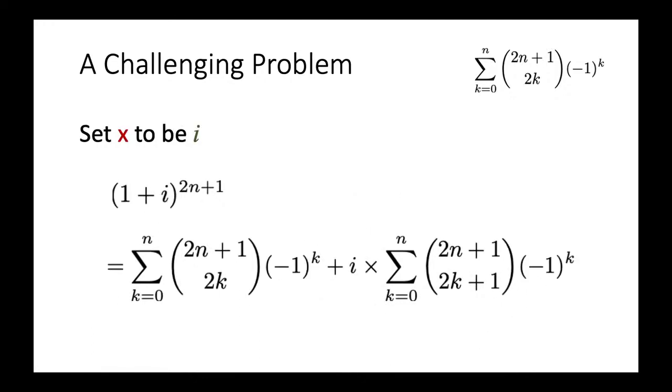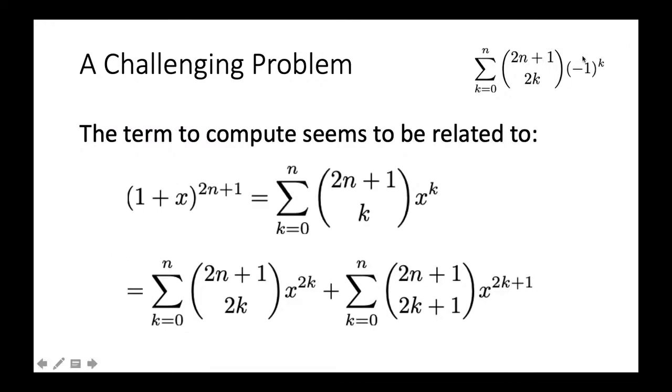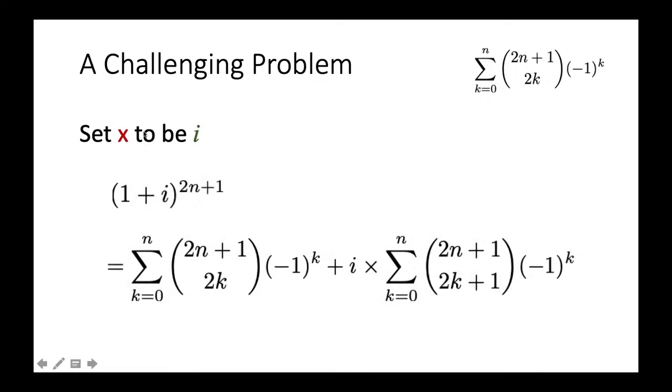Okay, so how do we get this term? It looks like this term is going to be related to this one, right? So if you look at this, this is (-1)^k, and here it is x^(2k). So naturally, we want to set x to be the square root of minus 1, the imaginary number i.